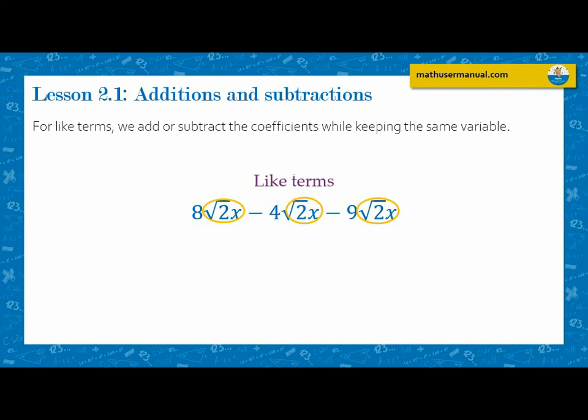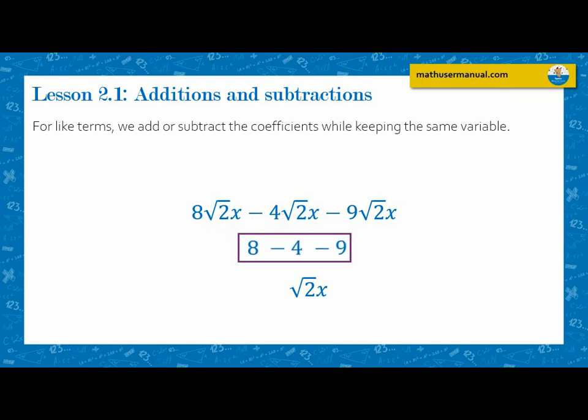So since they are like terms, we can copy and merge the variable with the radical 2, and then combine the coefficients. 8 minus 4 minus 9 is negative 5. So 8 radical 2x minus 4 radical 2x minus 9 radical 2x can be simplified to negative 5 radical 2x.